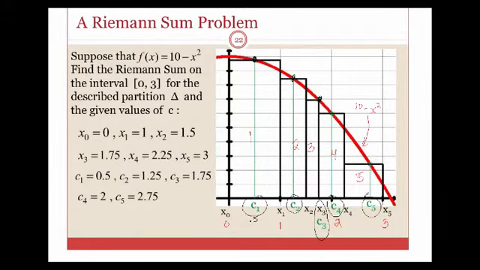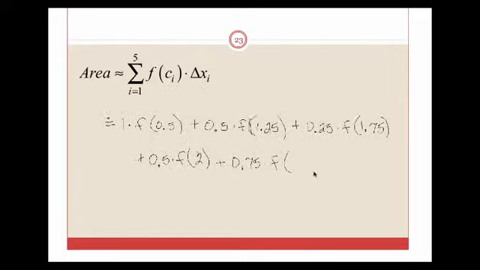We're getting the height from C5. So what's C5? 2.75. Okay, so that's the number crunching we have to do.